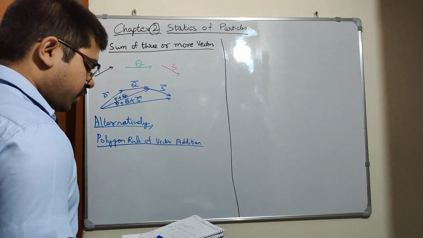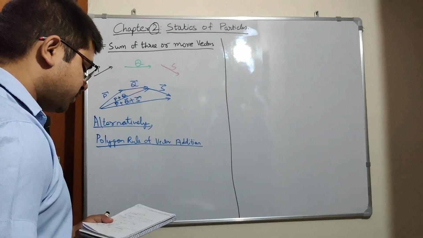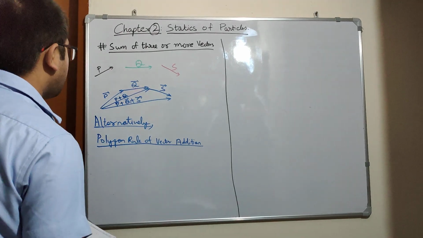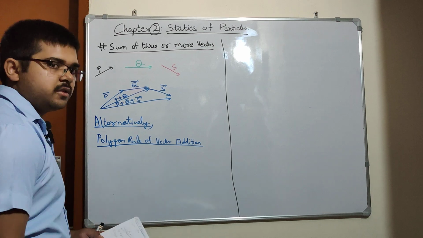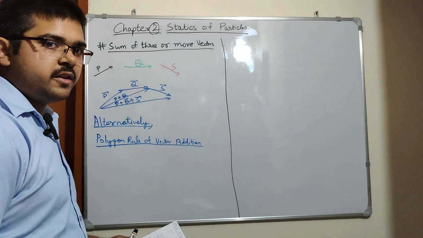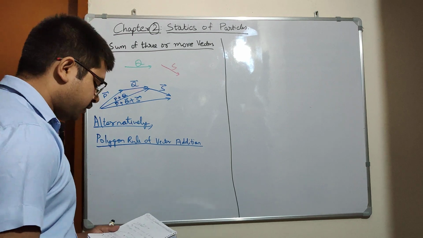In polygon rule of vector addition, we connect the vectors from head to tail fashion to get the resultant vector.